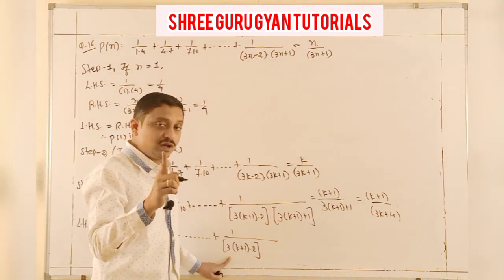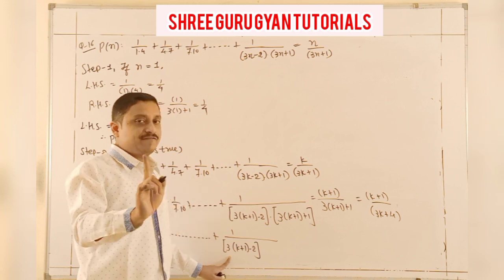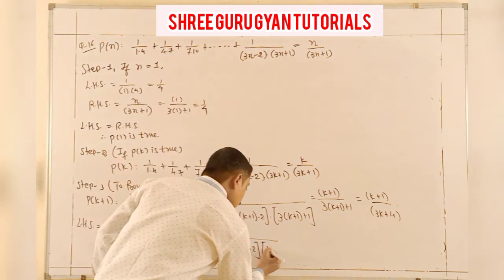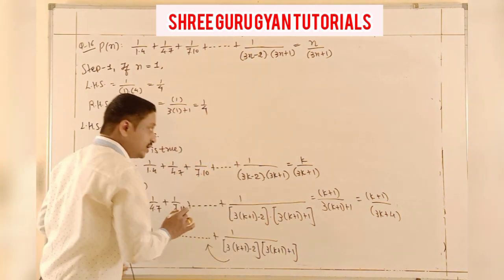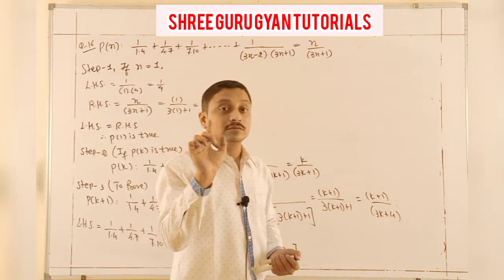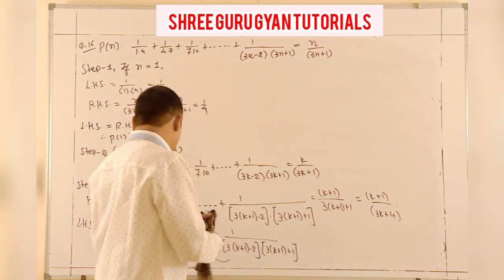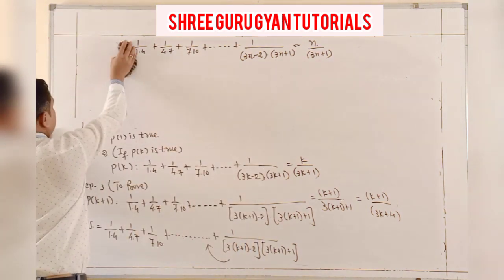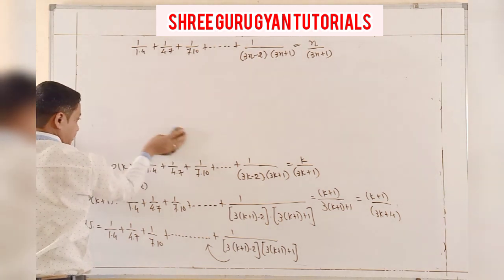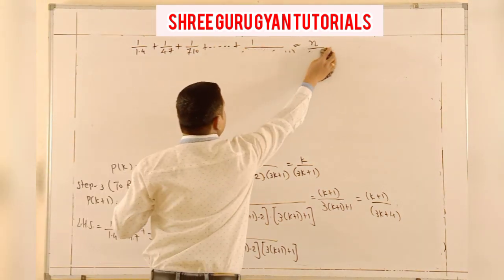First of all, write down the back step. After that, calculate. 3 with k plus 1 plus 1. And now students, think out the one back term. Yes students, here your one back term is ready in your solution, and easily you can put it in your answer.